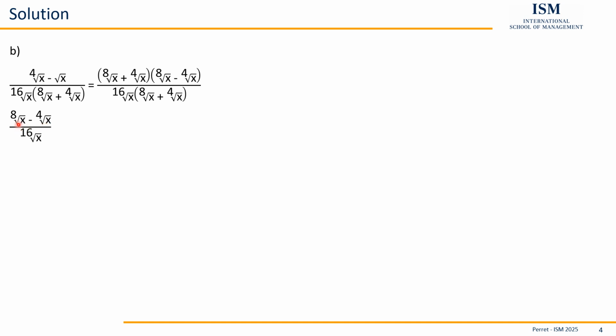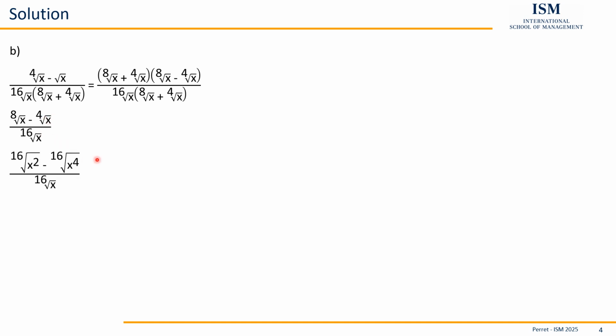Well, 8th root of x, x to the power of 1/8, is the same as x to the power of 2/16. Well, 2/16, this is the 16th root of x squared. X to the power of 1/4 is the same as x to the power of 4/16, which is the same as the 16th root of x to the power of 4.